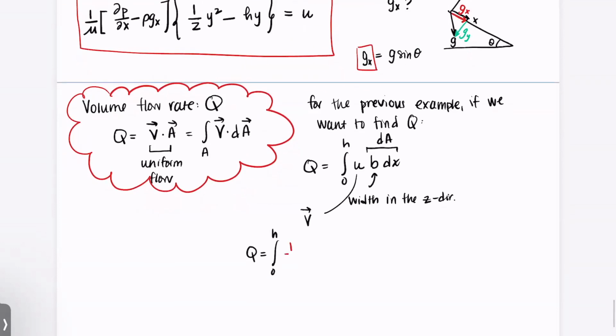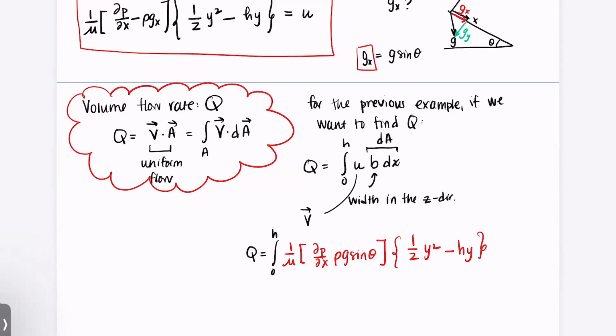So we have 1 over mu times partial P partial X minus rho, and then GX is g sine theta, times 1/2 y squared minus hy. Oh, there's a minus sign here that I just did not put in. There we go. All right.